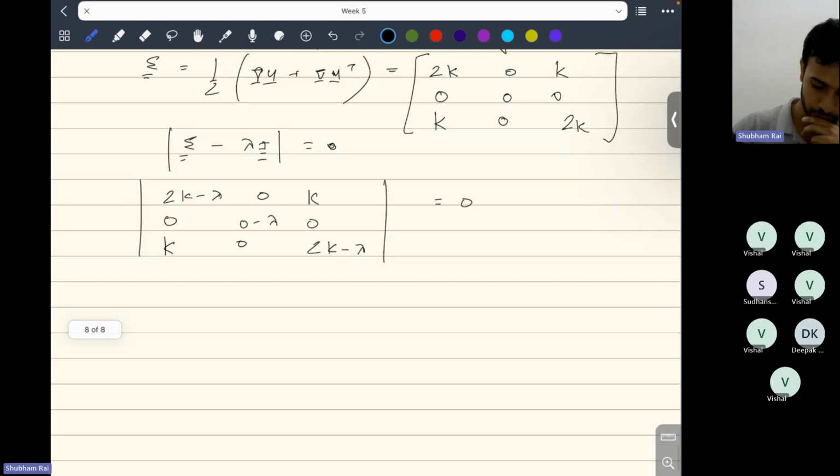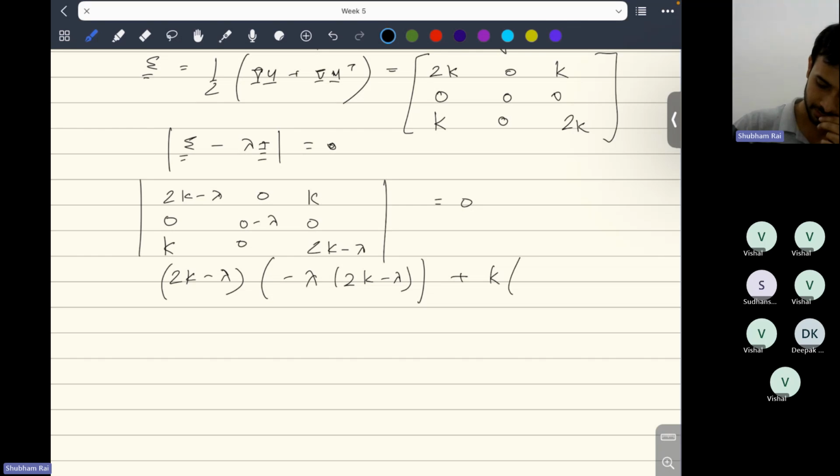If you solve this, firstly you'll get 2k minus lambda times minus lambda times 2k minus lambda. That is the first term. And then you'll get plus k times, 0 minus minus lambda times k, which will be plus lambda times k, right?